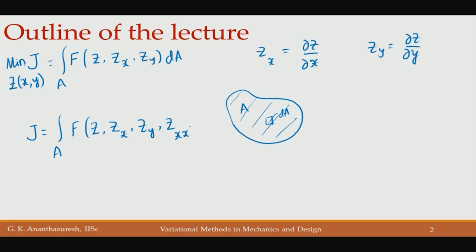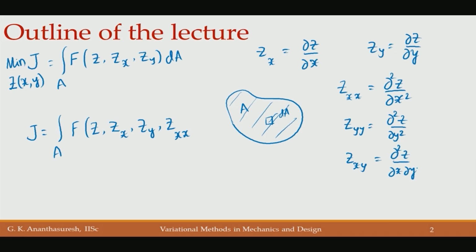Based on the same notation, you can imagine what zxx stands for. It stands for the second derivative of z with respect to x twice. So, we can also write zyy, that is dou square z by dou y square, and we can also have a mixed derivative zxy, that is dou square z by dou x dou y, or dou y dou x.